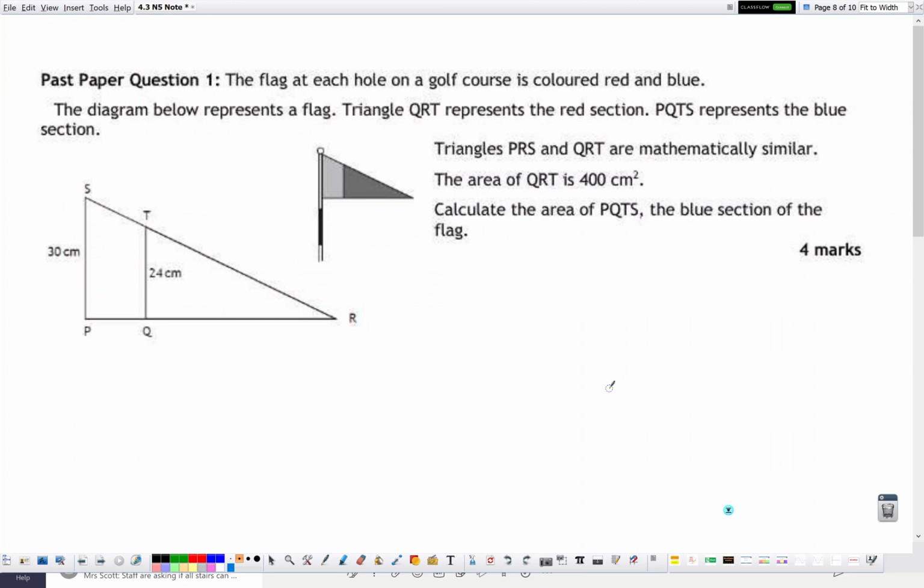So first things first, we're going to make drawings for ourselves with the correct letters and the correct values. This can be my big triangle, so that's PRS.